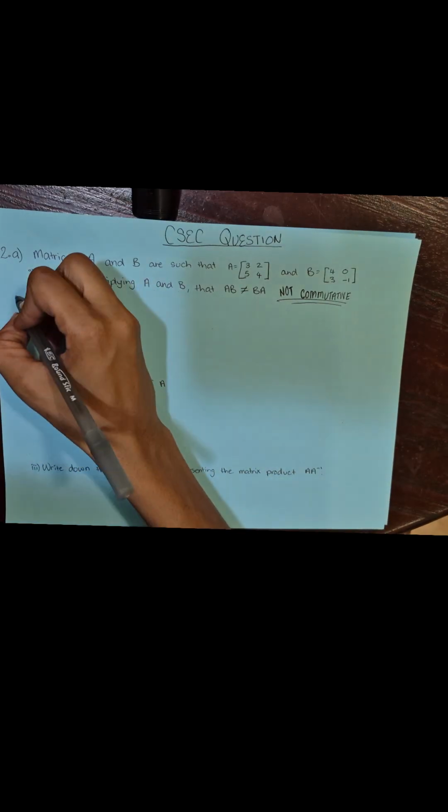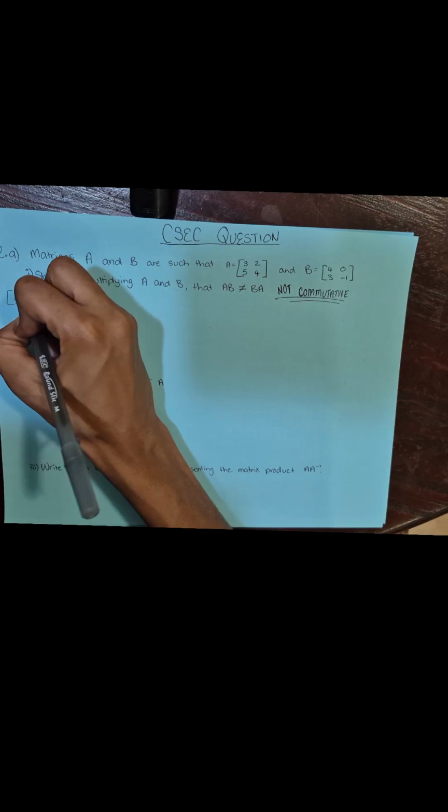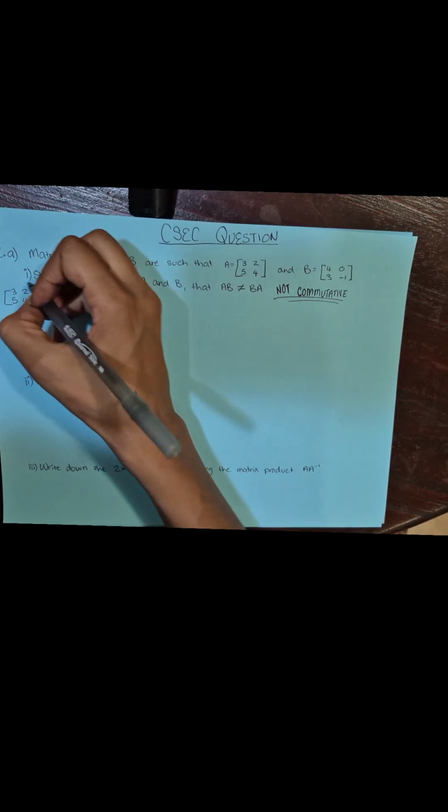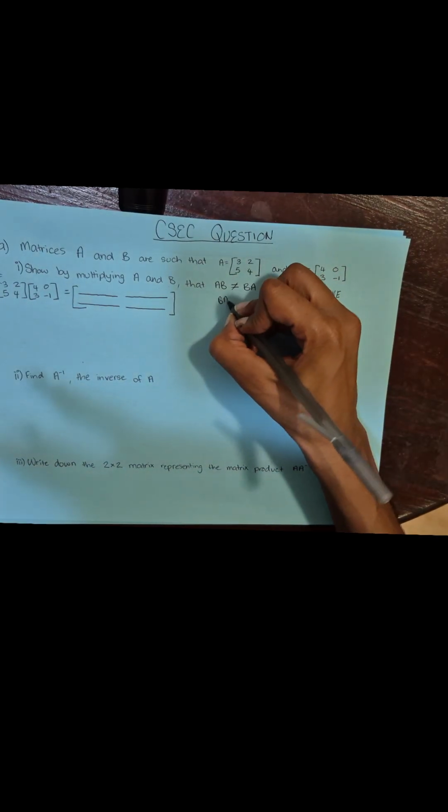So if we do AB, that means we're putting A first and B second, and we're going to multiply them to see what the answer is. Then we'll do BA over here.